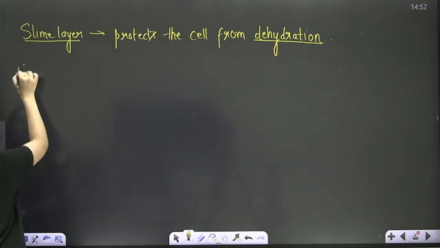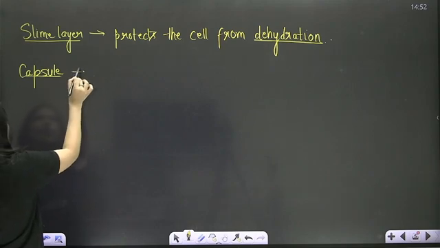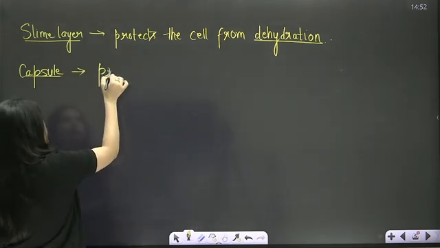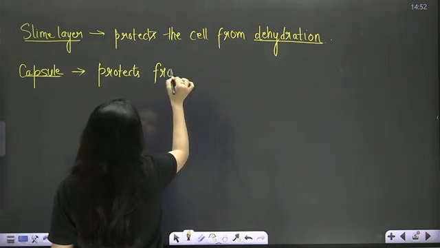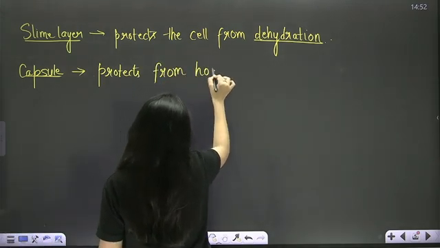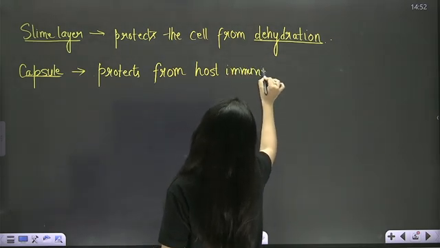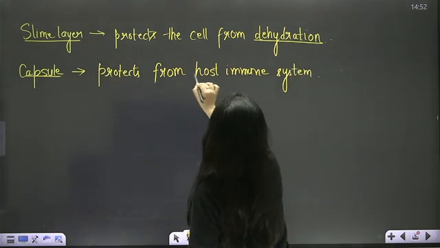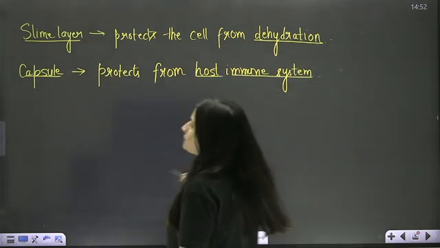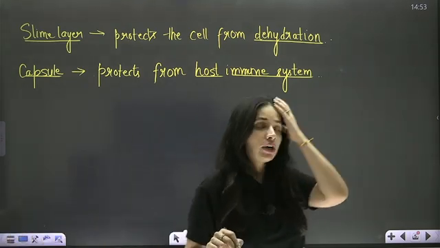The second form is capsule. For capsule, you are going to write: protects from host immune system. Got my point? This much you have to do for glycocalyx.